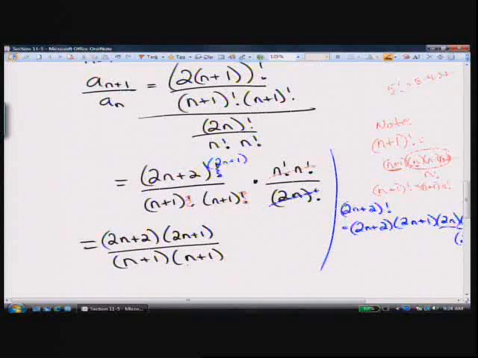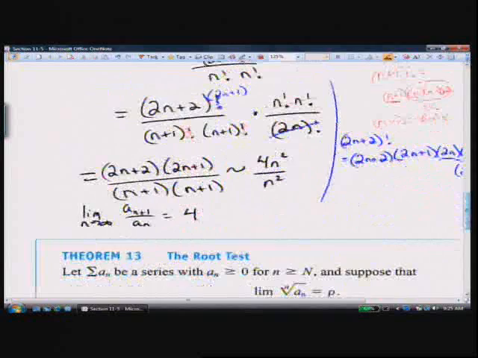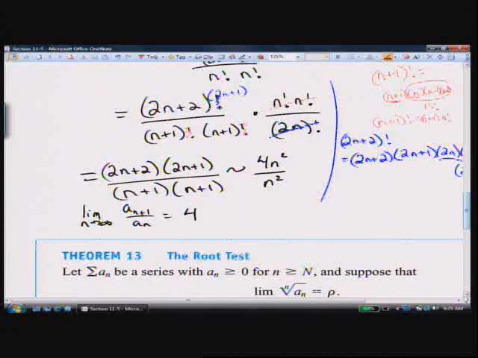So the limit as n goes to infinity of that will be, does everybody see that it'll be 4? Because it'll be 4n squared over n squared. It's not exactly that, but in the end it doesn't matter.